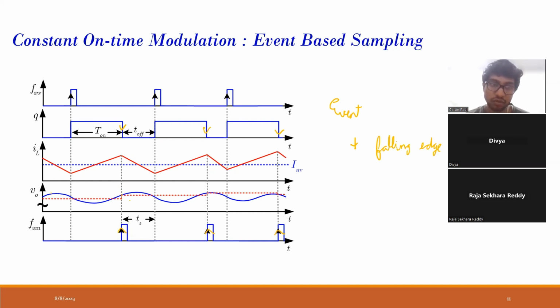And then it will take the sample of the output voltage. So using this method, we are taking one sample per switching cycle. And so now there's synchronization between the switching frequency of the converter as well as the sampling frequency of the converter. They are synchronized.